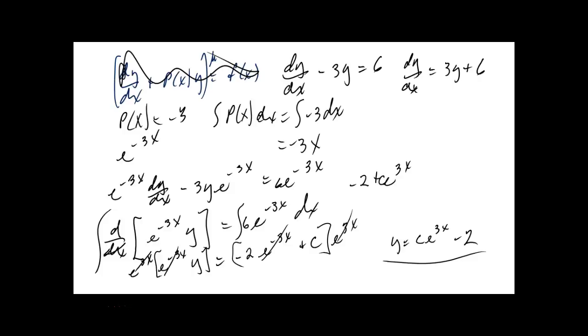For different C's, you either get going up here or you get coming down here, depending on whether C is positive or negative. So that does seem like it's good for every real number x. It's a positive exponential that way, a negative exponential that way, but they're around the line y is equal to -2.